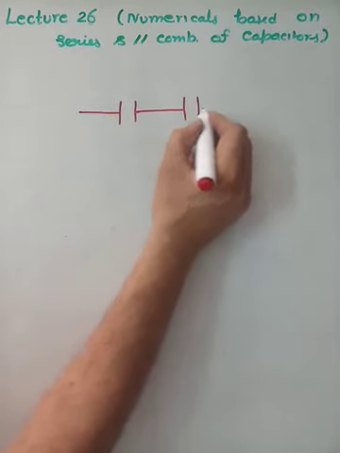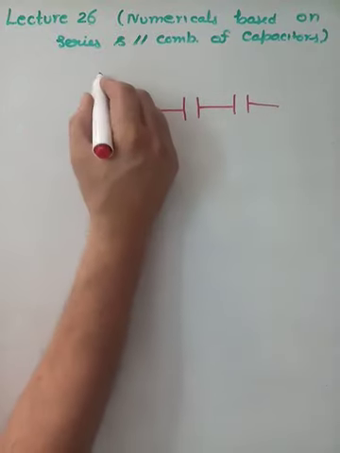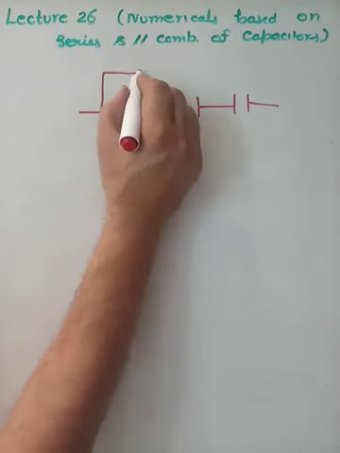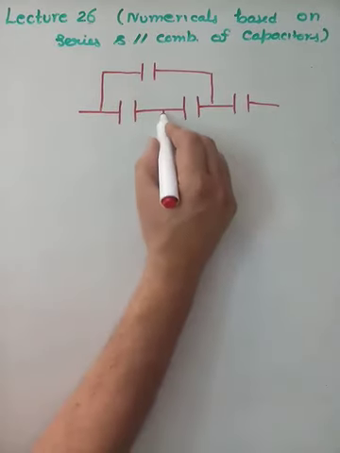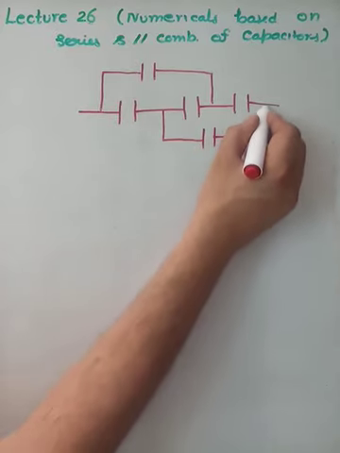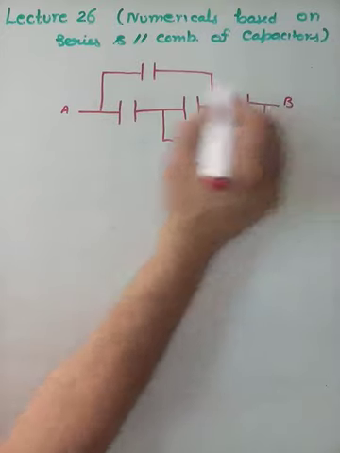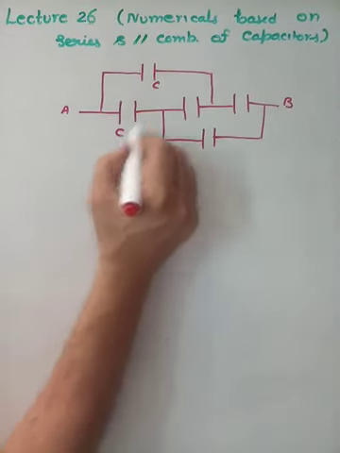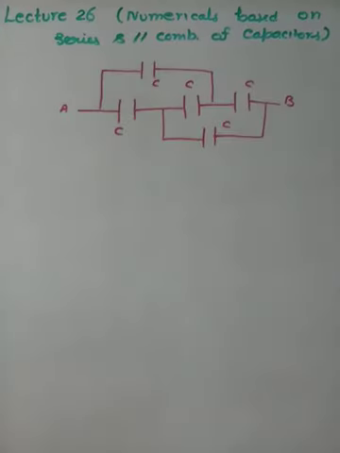Suppose we have an arrangement of capacitors like this. We have 2 points A and B, between which we have to find the equivalent capacitance. The value is C. All the capacitors have the same value.